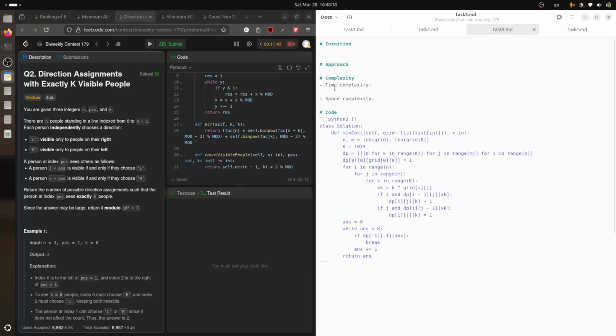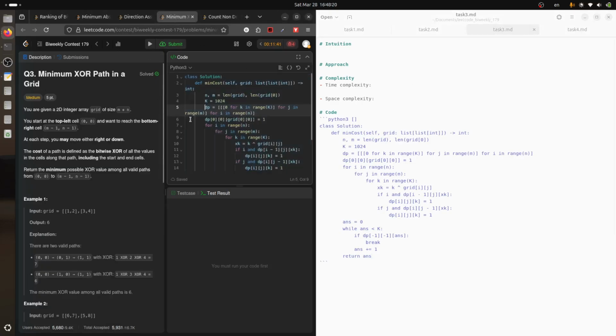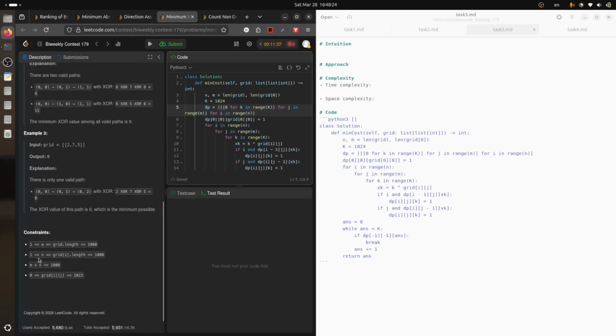Okay, so task three. Now it seemed a bit confusing, but when you look at this, m times n, the total number of cells is 1000 and each value is at most from 0 to less than 1024. That's like a million multiplied, so we are like, oh, that's great.